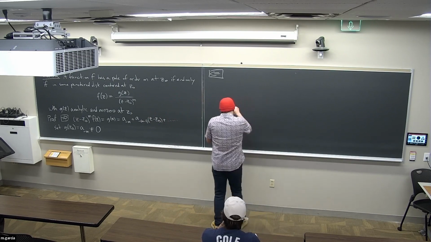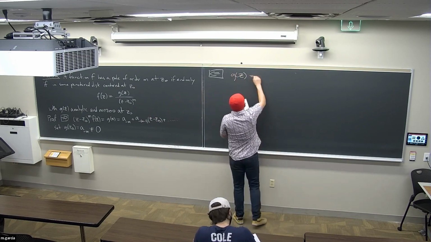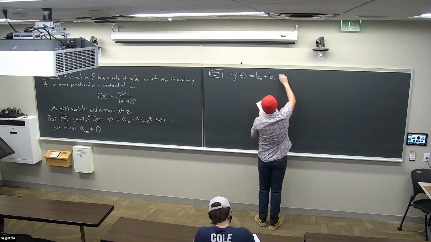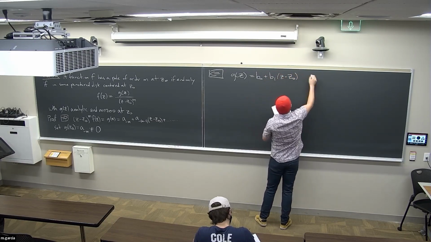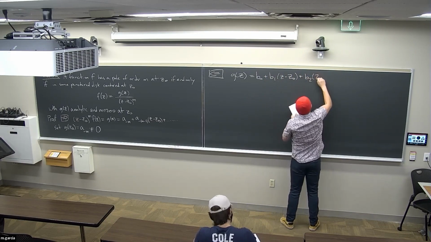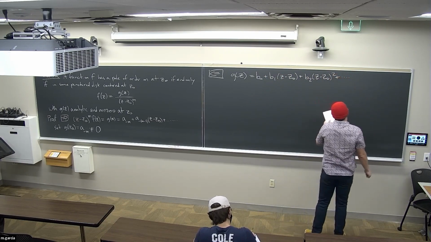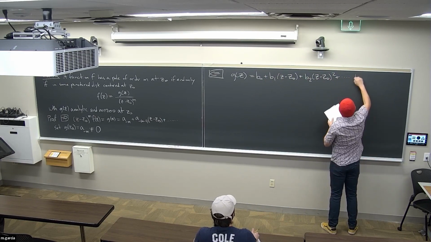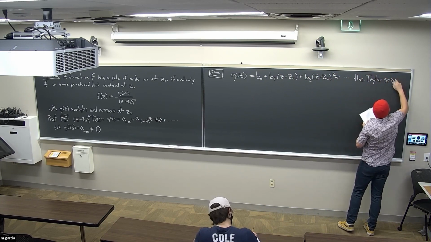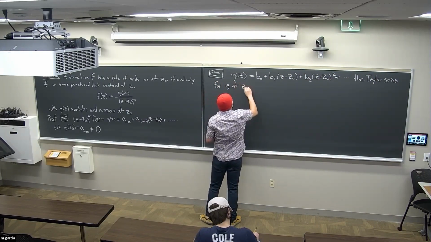In this case, we must have that g of z is equal to b naught plus b1 times z minus z naught plus b2 times z minus z naught squared, the Taylor series of g at z naught.